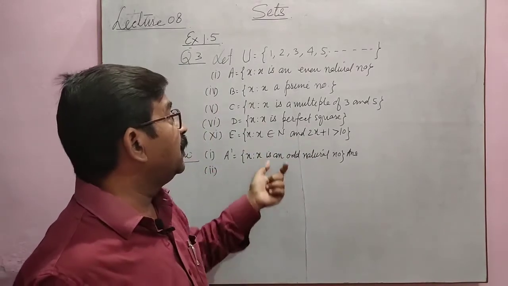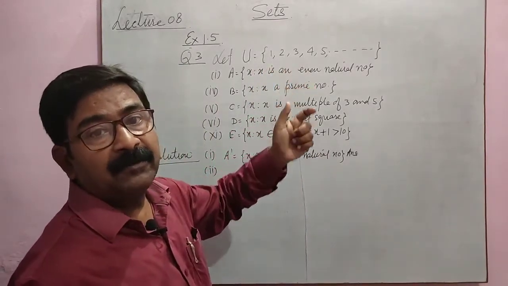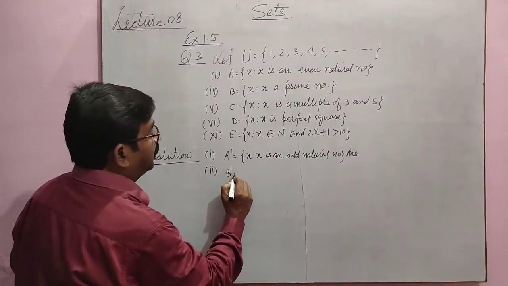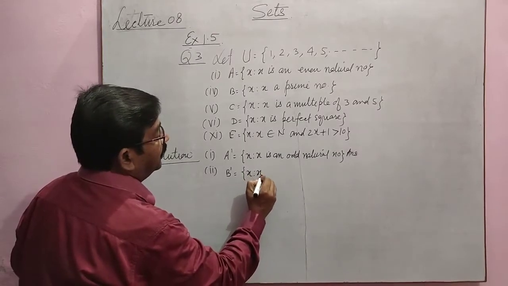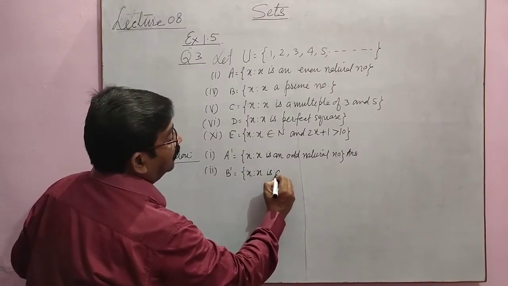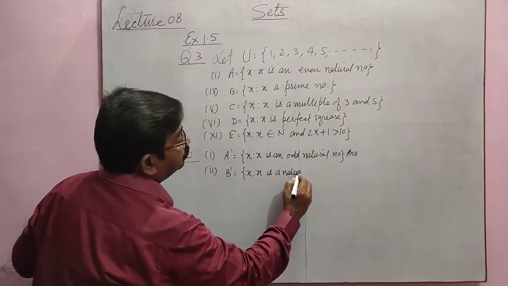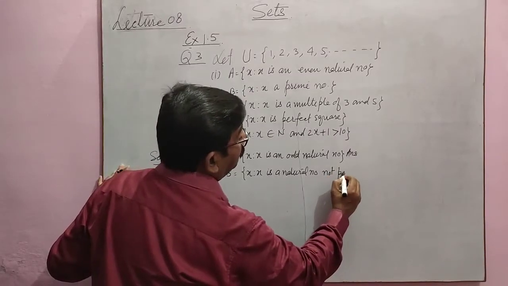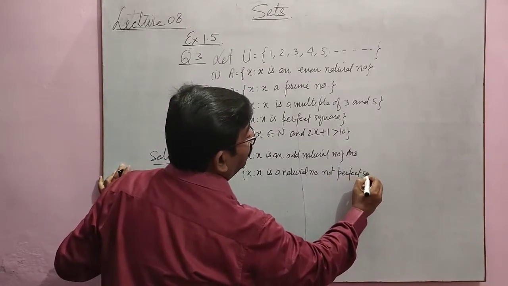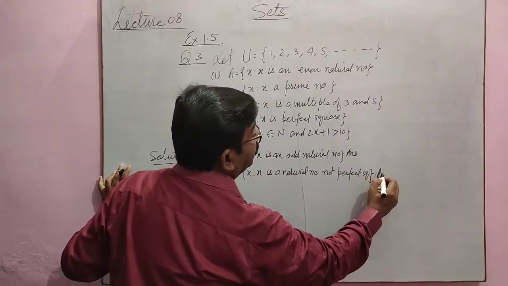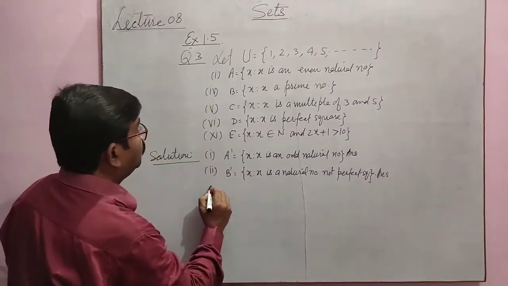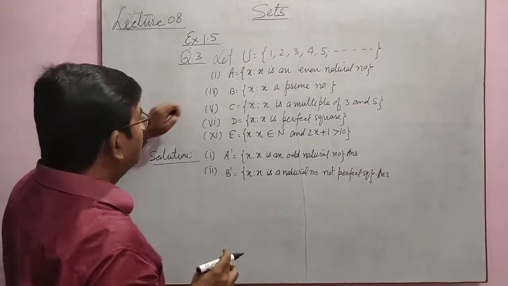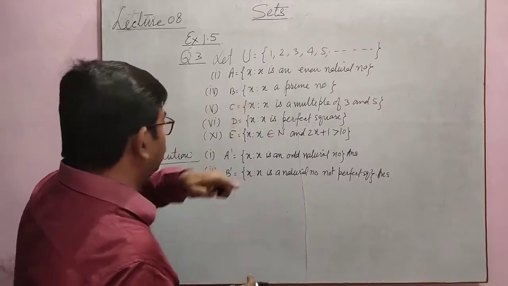We will have all the numbers which are not perfect squares. So you simply have to write like this: B dash is x such that x is a natural number not a perfect square. This is the answer. Third, I have taken third part. This is actually the fourth part of the question.